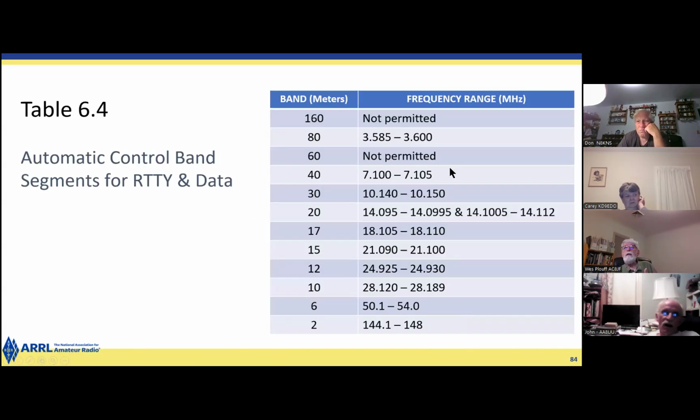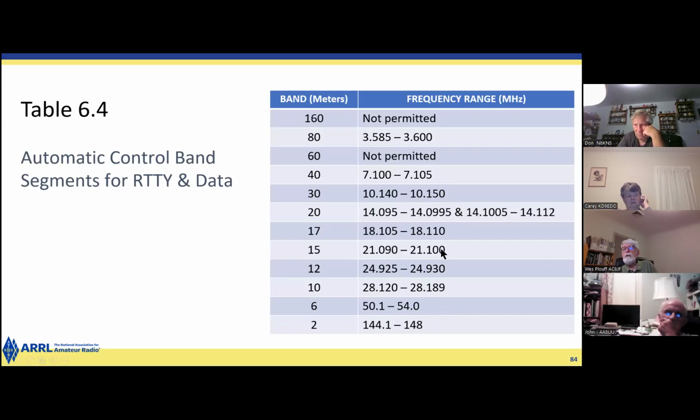You can see that automatic response stations can operate in 5, 10, up to 15 kilohertz segments of different bands. When you get to 6 and 2 meters, you can see that you have quite a lot of bandwidth available. On 10 meters, there's also quite a lot of bandwidth available.